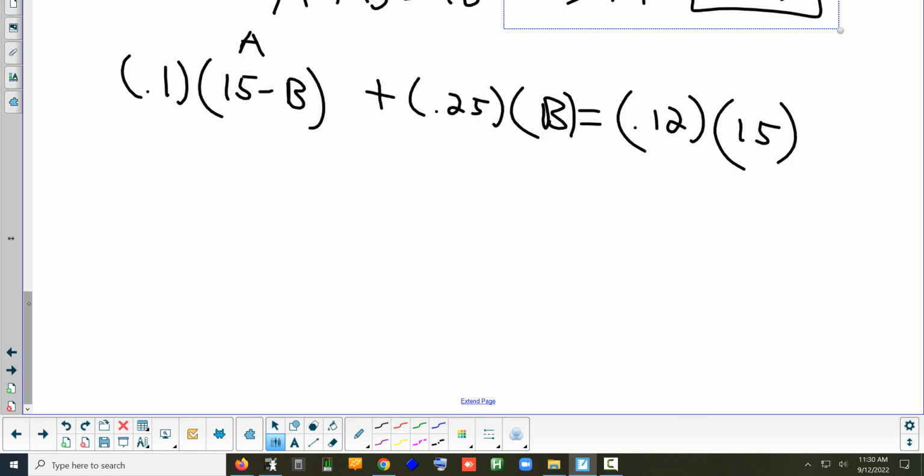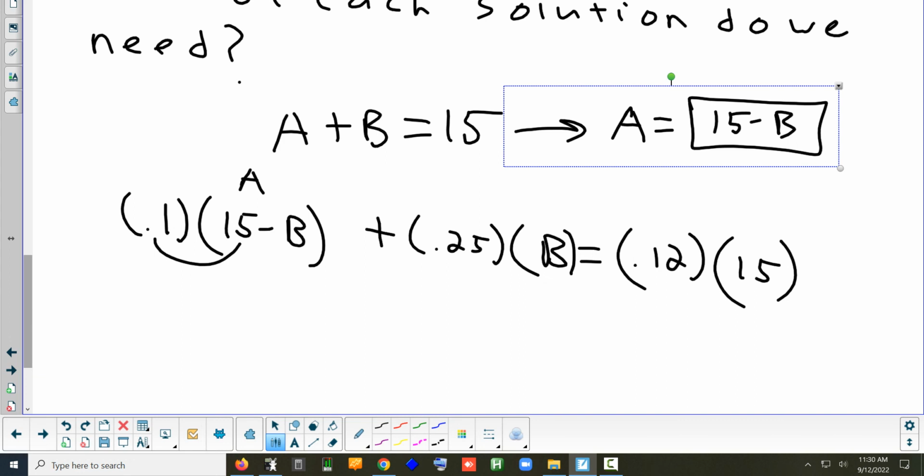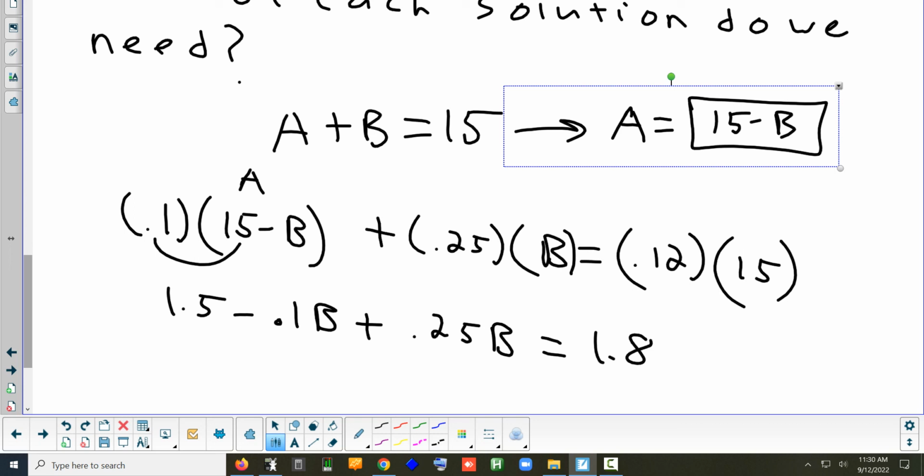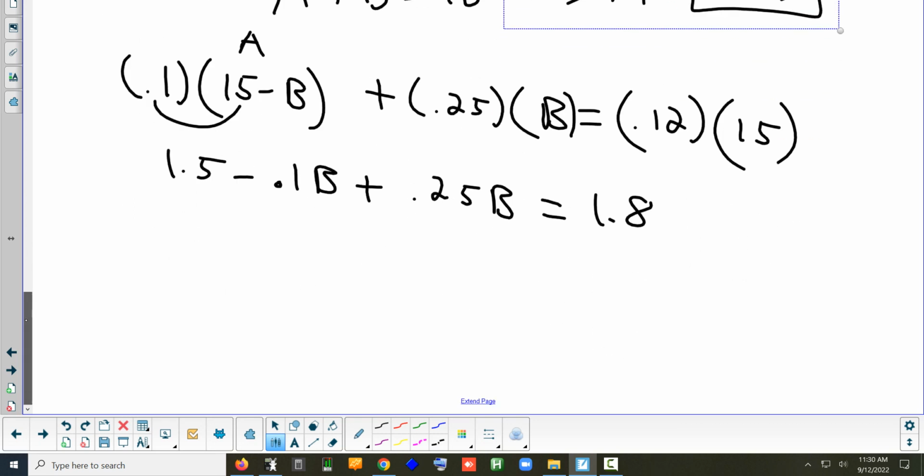All right, let's multiply that up. 0.1 times 15, 1.5, minus 0.1B plus 0.25B. I'm going to need to know what that product is on the other side in a second. What's 0.12 times 15? 1.8. Let's combine like terms.